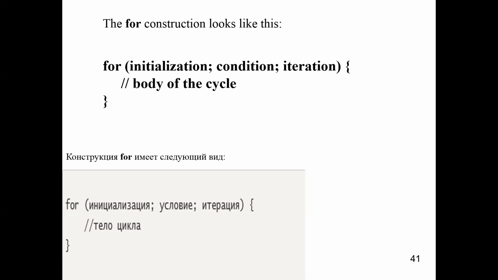For these constructions, it looks like this. We use for, brackets. We have initialization, semicolon, condition, semicolon, and iteration.